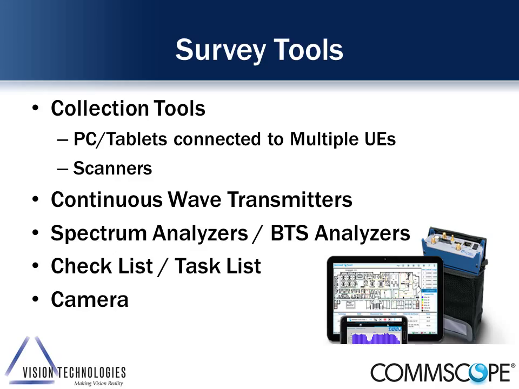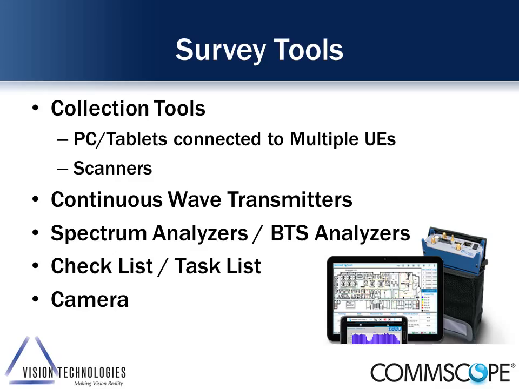So what are some of the tools that you use to do the RF survey? And these tools are specialized tools and equipment. So it's not just something you're going to pick up at Radio Shack, but these are specialized and expensive tools to do it. A lot of times it's laptops, and more and more tablets are used because of their light weight.